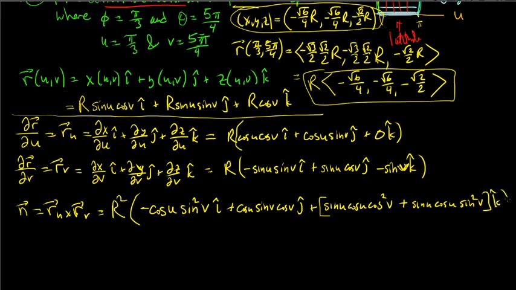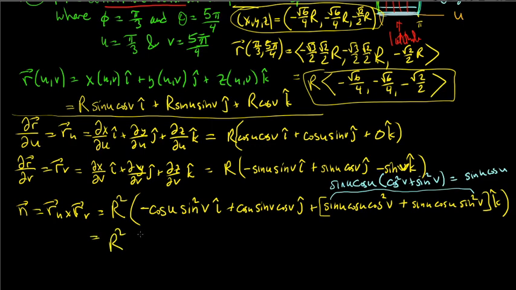All times k. Right, so kind of a mess here. However, if you notice in here, we can factor out the sine of u, cosine of u, and then we get cosine squared v plus sine squared v, which is 1. So this is really just sine u cosine u.